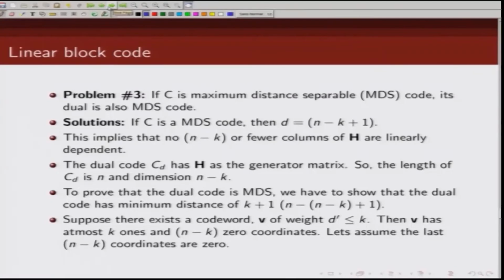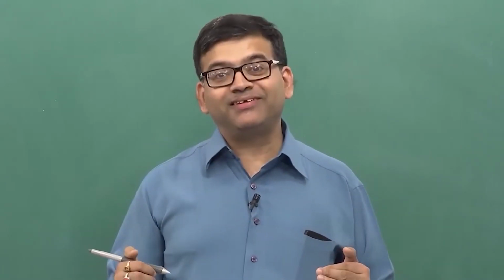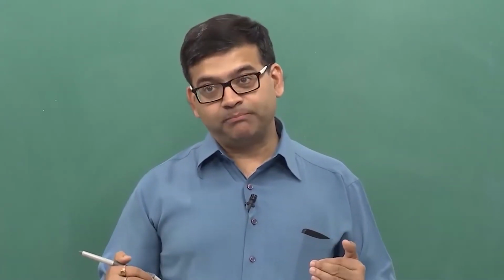Now, to prove this result, we will take help of what we call the method of contradiction. How does the method of contradiction work? We will start off with the assumption that there exists a code word of weight less than or equal to k. So, we will assume that the minimum distance is not k plus 1, and then we will show through the properties of this code that this condition is not possible.